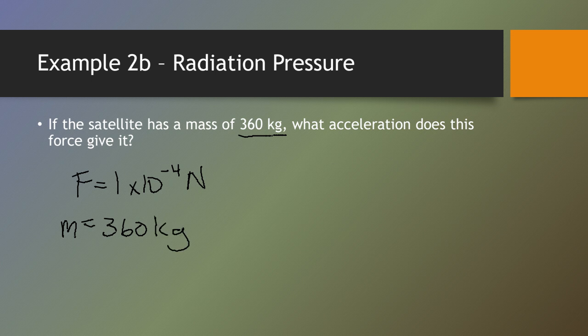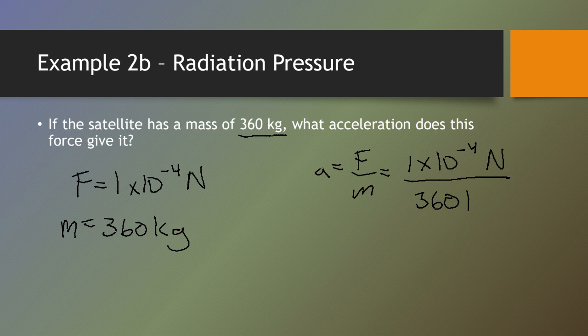So 1 times 10 to the minus 4 newtons divided by 360 kilograms. And you get an acceleration of 2.78 times 10 to the minus 7 meters per second squared.